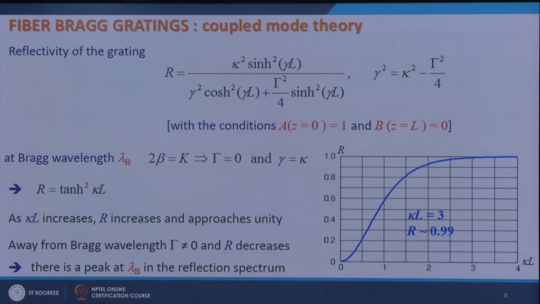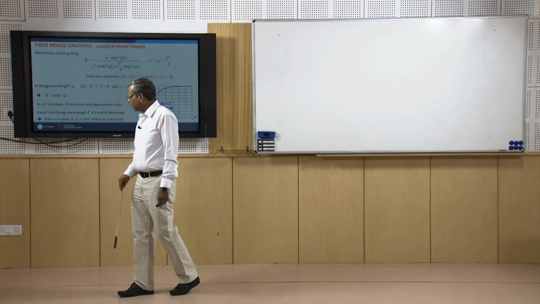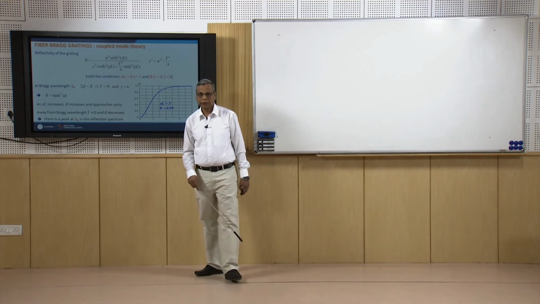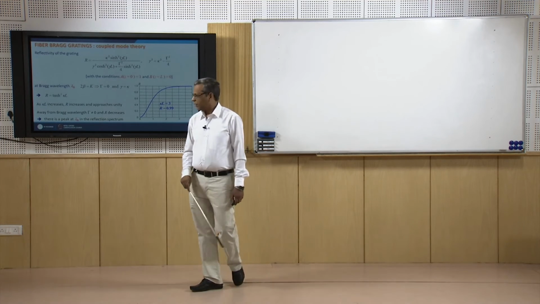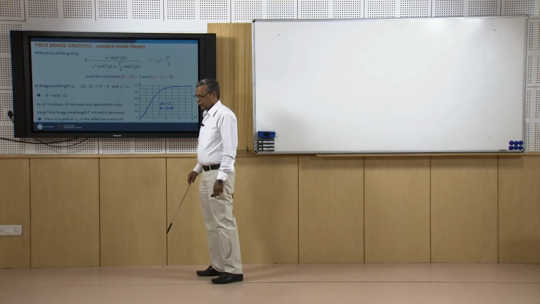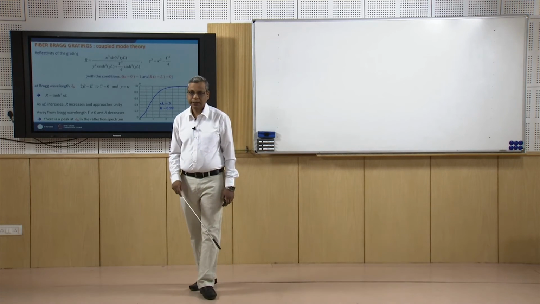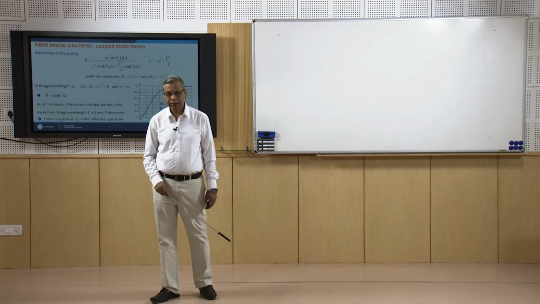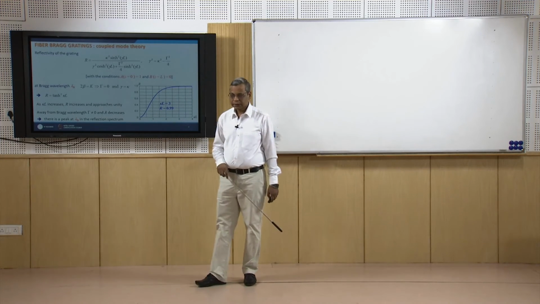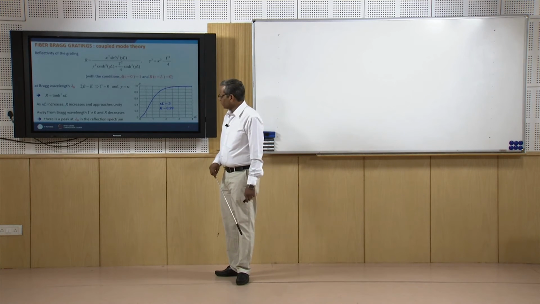Now, if I slightly move away from Bragg wavelength on either side, then the phase matching condition is not satisfied and the reflectivity will drop down. So, what I anticipate is that at lambda equal to lambda b, there should be a peak in the reflection spectrum, and as I move away from lambda b, the reflectivity would fall down.